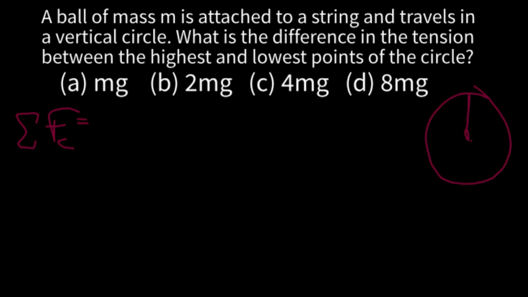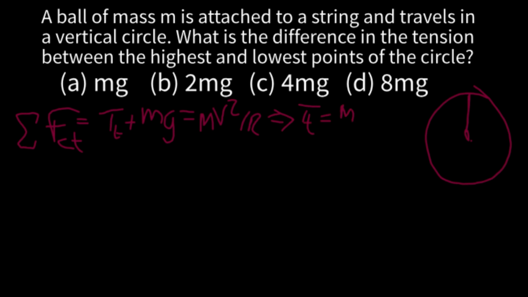So in this case, both tension and the force of gravity act inwards, and that equals mv squared over r, and we'll call this sub t for top. In that case, T sub t equals mv squared over r minus mg.